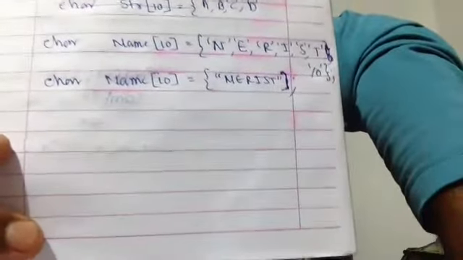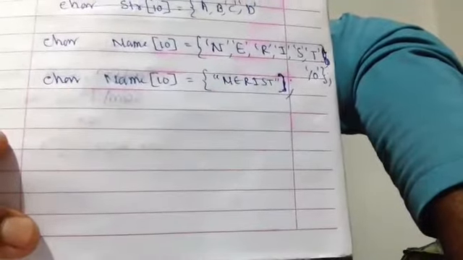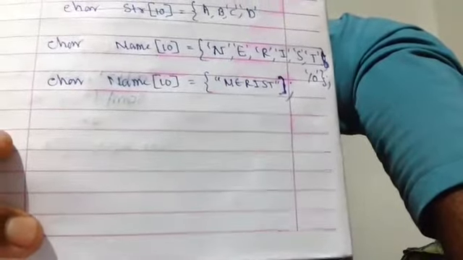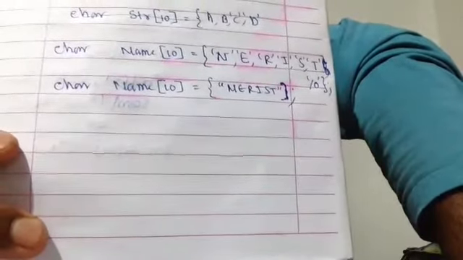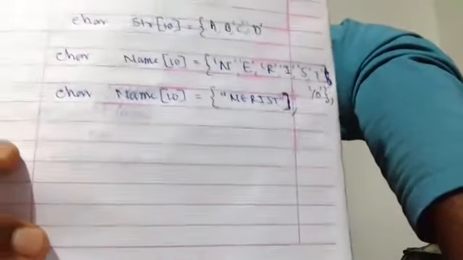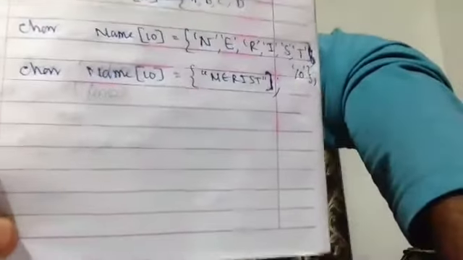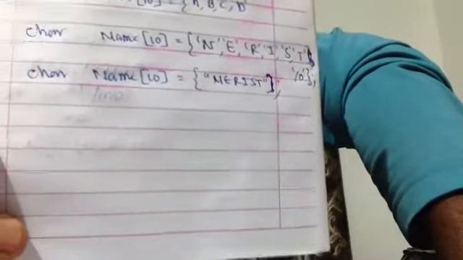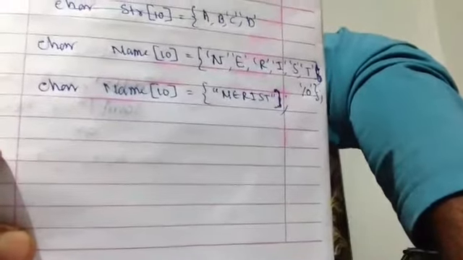And this backslash 0 quotation is called the null character. It shows that after that no more character is there, or the ending of the string, no more characters in this string.